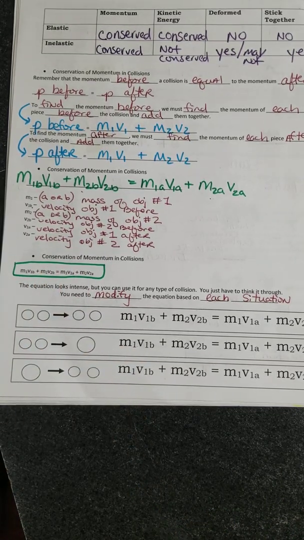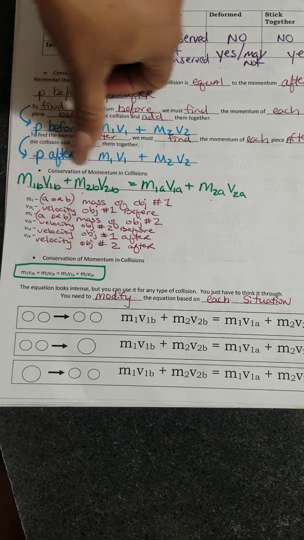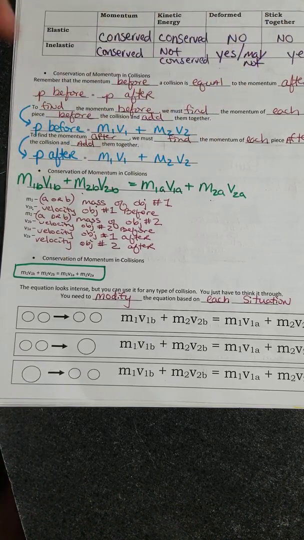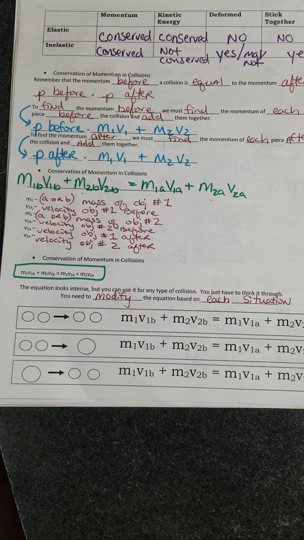If we read the word problem and we have an explosion collision, we need to change that. Okay? So here is my base equation that I'm going to start off with, but I have to manipulate it and change it due to the amount of objects that are in the collision as well as what type of collision I'm having.